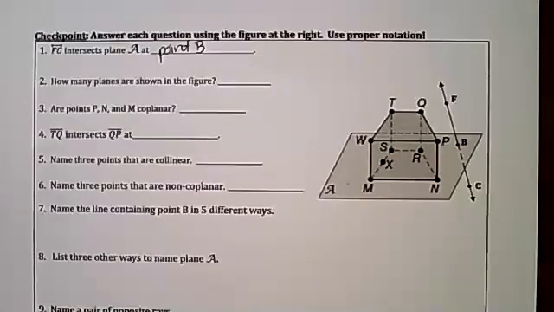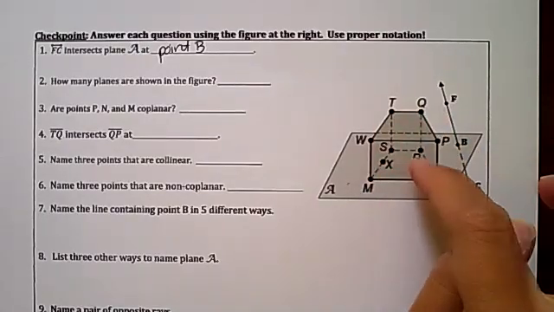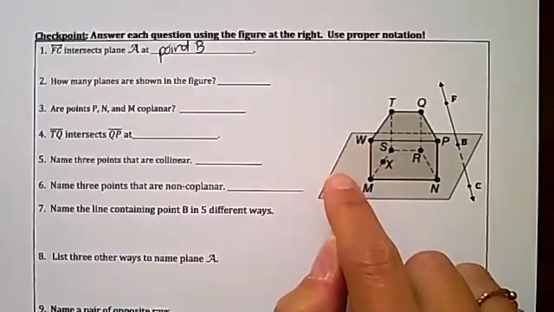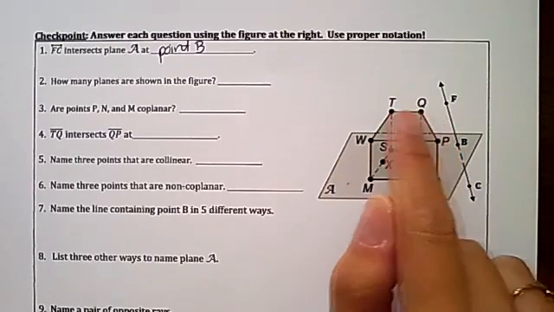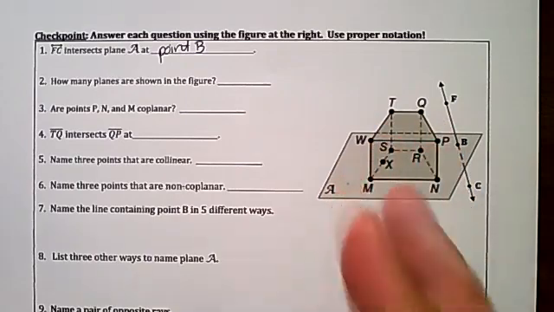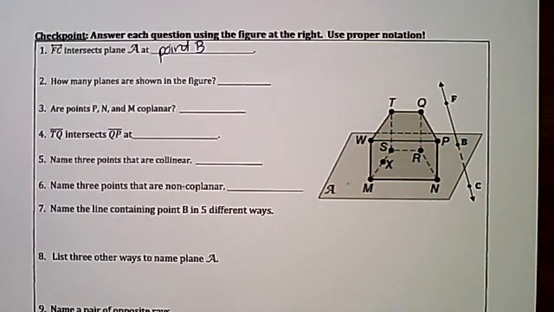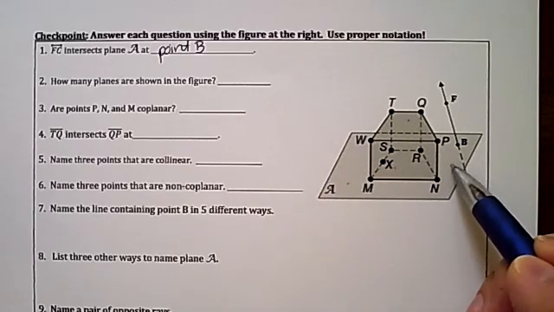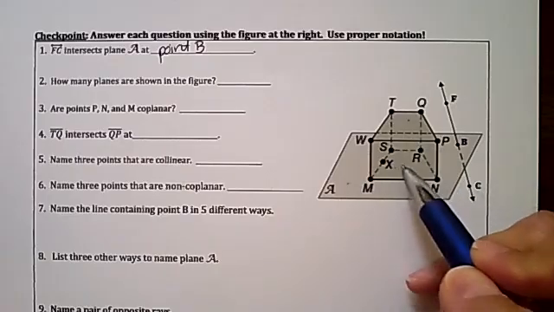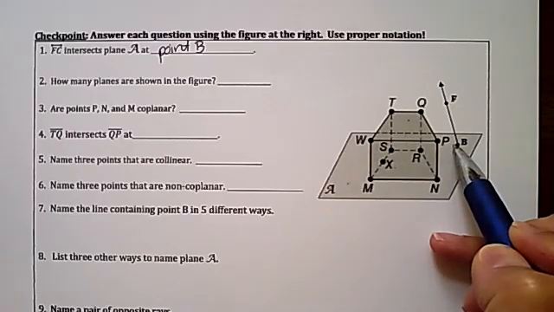Remember that this is a 3D shape on top, right? So I don't know if maybe some of you said 1 because you just saw the bottom. Every side of this rectangular prism is a plane, right? So the top, the bottom in plane A, remember, are merged together as one. So top, bottom, front, back, left, right. So it would be 6.